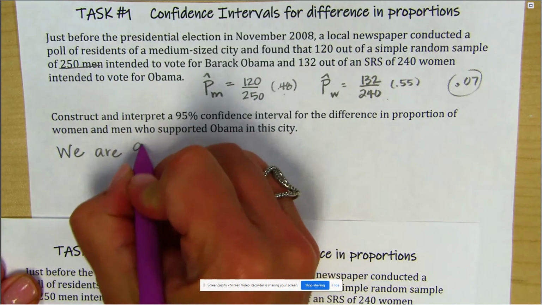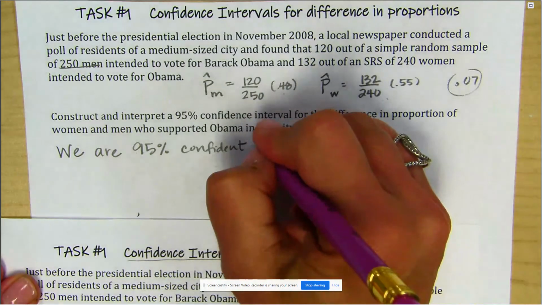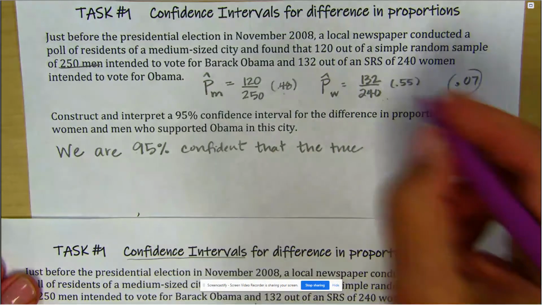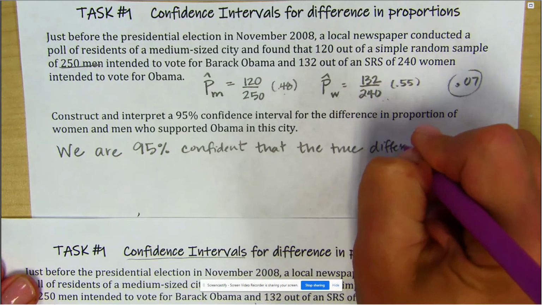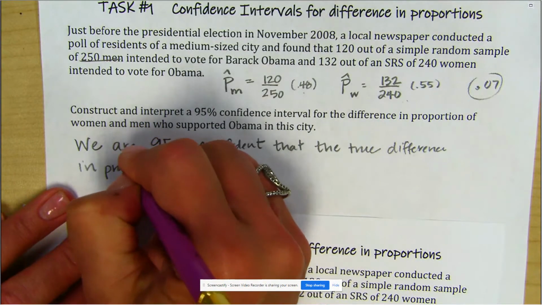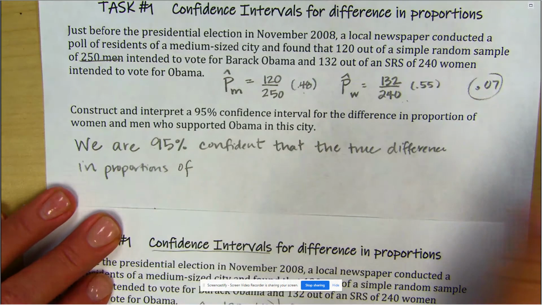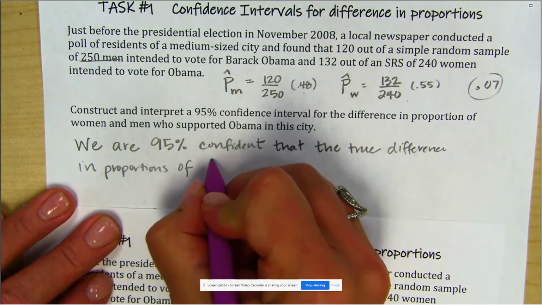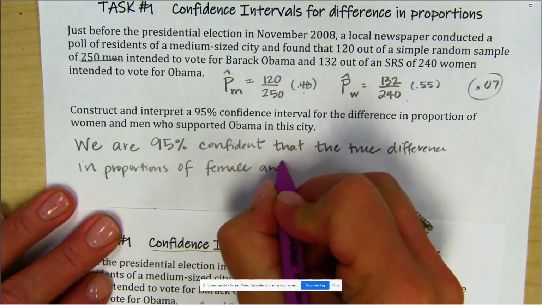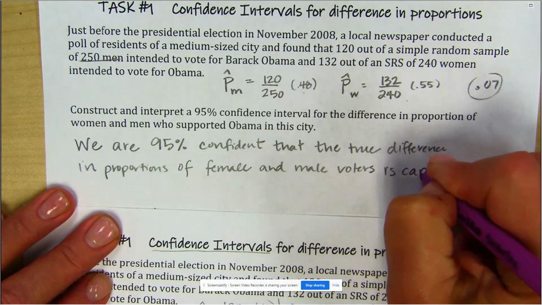We want to be 95% confident that the true, remember, we're calculating the difference, the true difference in proportion of, I'm going to say the one I'm going to start with first, female and male voters, is captured by.